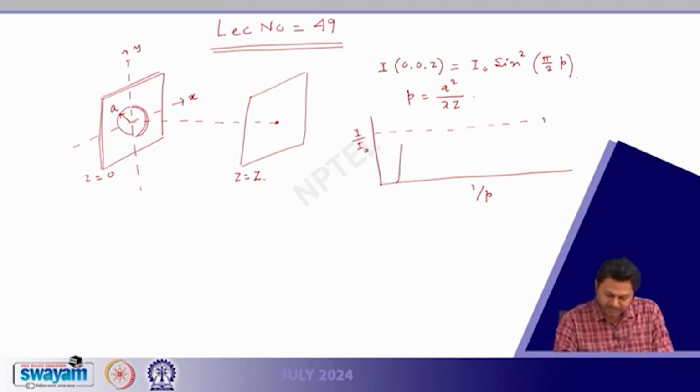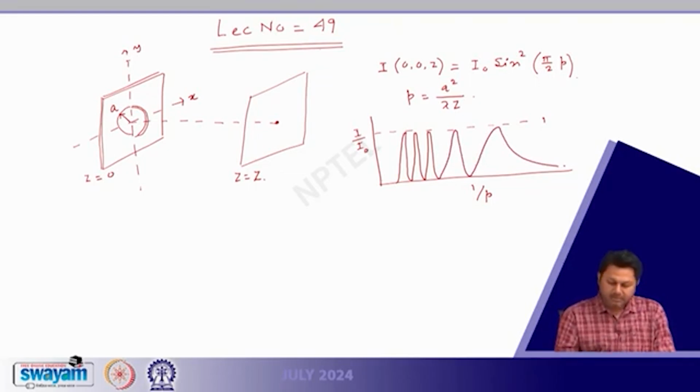We have maxima and minima, then maxima and minima, something like this. Now let us go back to this problem and try to understand these things.